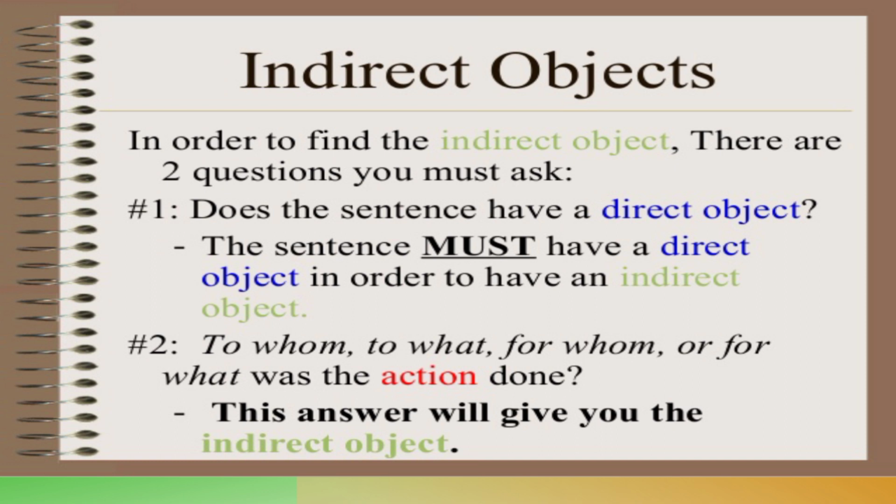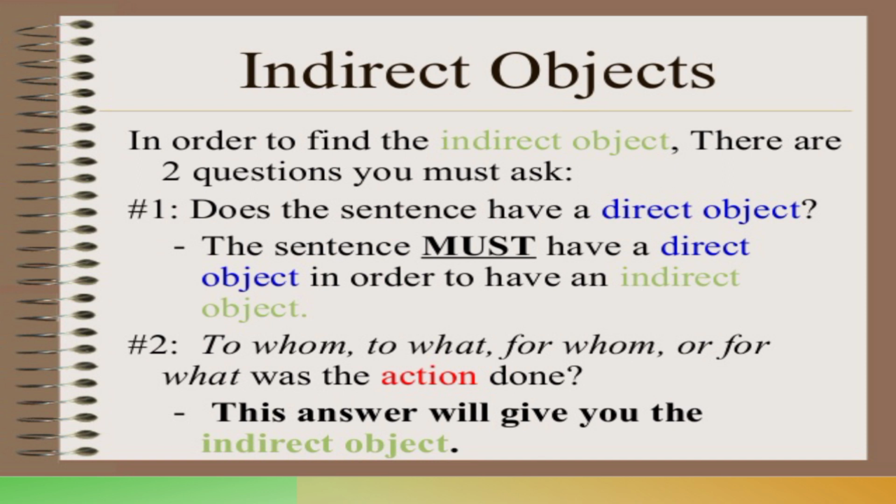Next, the second question: to whom, to what, for whom, or for what was the action done? These answers will give you the indirect object.